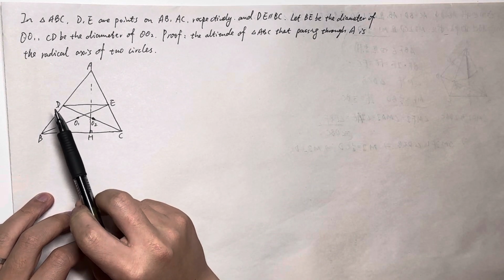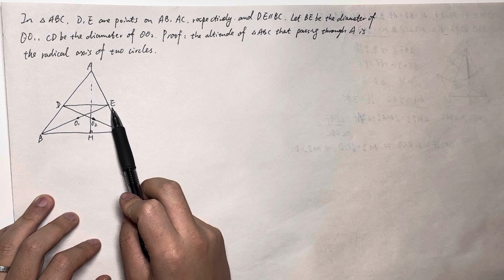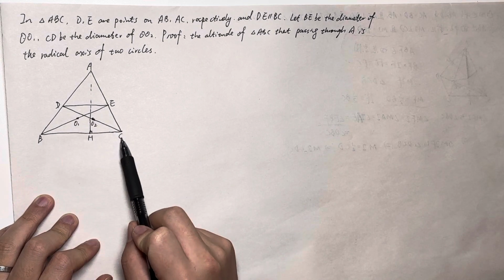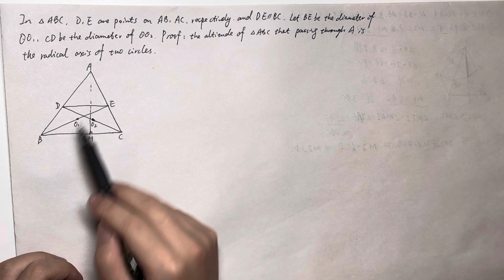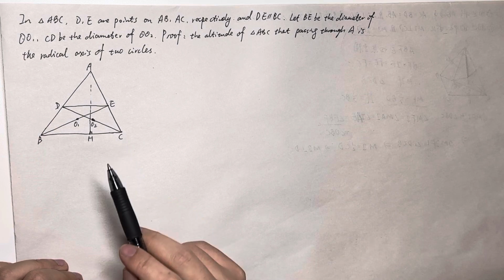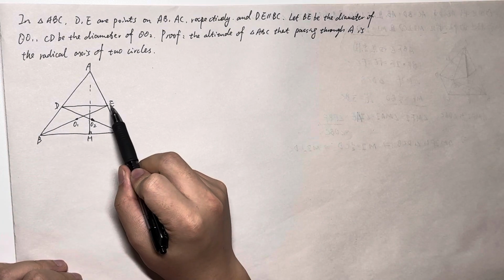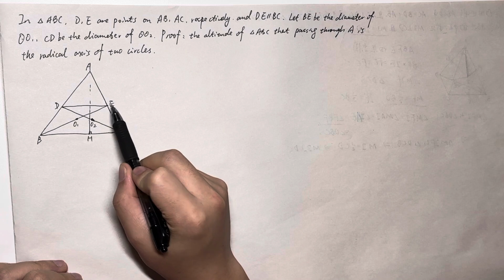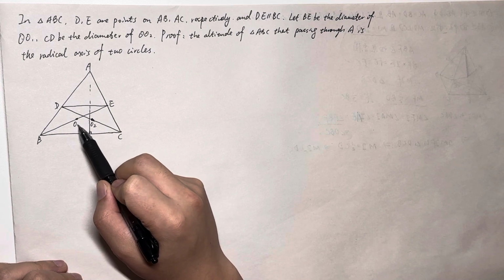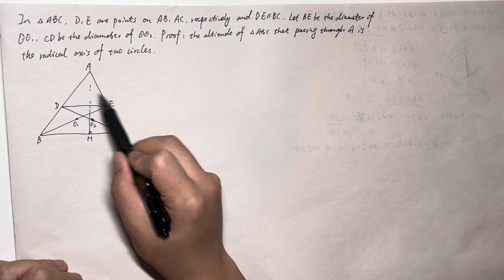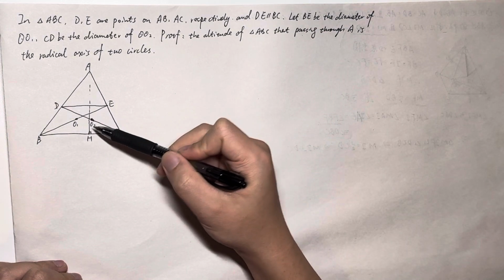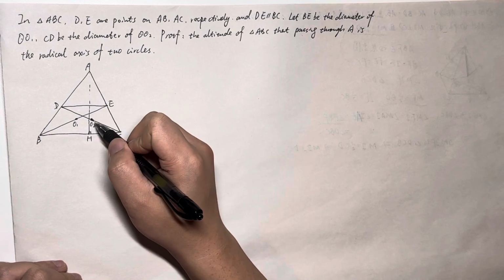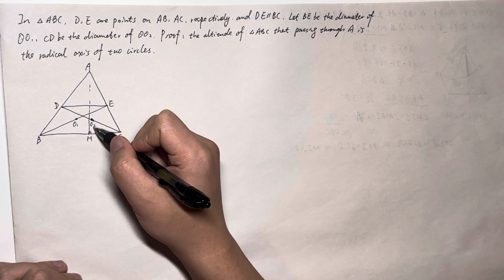Basically, we arbitrarily choose points D and E, but DE is parallel with BC. That is a critical part, right? Because DE is parallel with BC, the midpoint of BE is O1, the center of circle O1, and the midpoint of CD is O2, the center of circle O2, which I mark here.